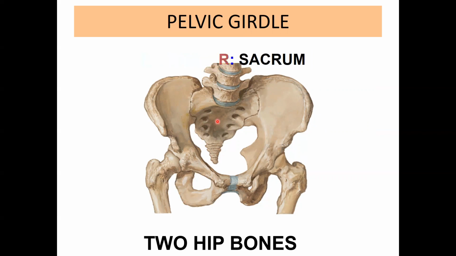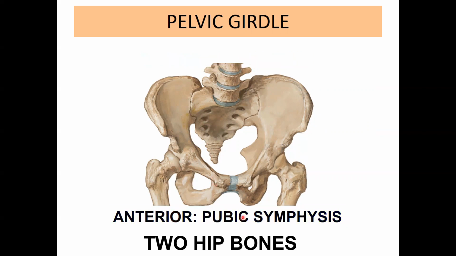And then it is connected anteriorly by the structure called pubic symphysis. So it is a ring, a girdle, that we call the pelvic girdle. It consists of two hip bones, the right and the left, which are connected anteriorly by the pubic symphysis and posteriorly by the sacrum and coccyx.